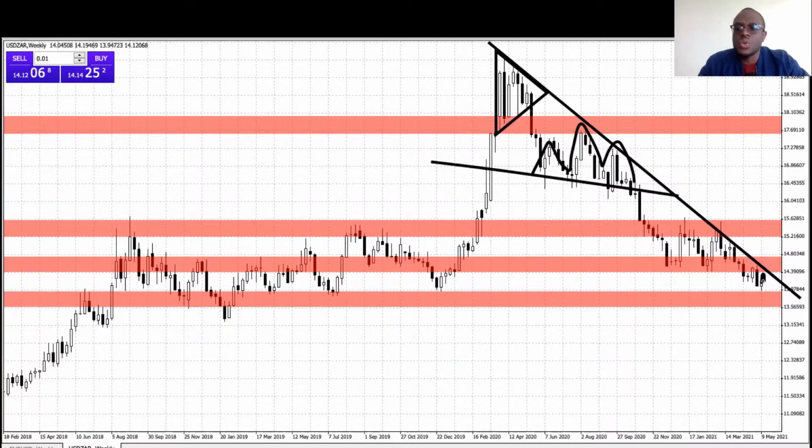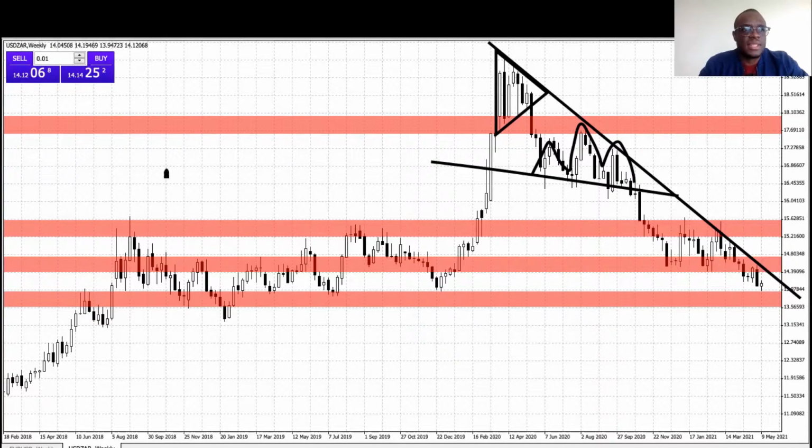Or it may also come and form a higher high, and in that case it would mean that we'll be expecting a breakout of the trend line resistance zone, deeming this to be a false breakout, which means that in the coming week our bullish expectation is that movement just coming to retest the 14.39096 zone. So these are the two movements that we're expecting on the weekly chart.